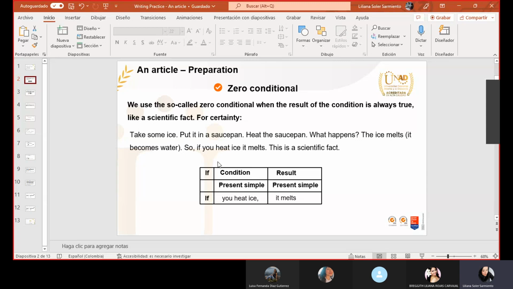For example, the following process: take some ice, put the ice in a saucepan. Do you know what is saucepan? Some of you know what is saucepan? Saucepan is a cooking utensil made of metal.